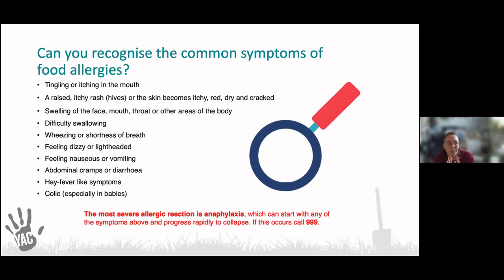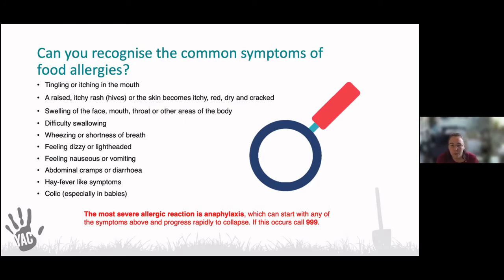So it could be tingling and or itching in or around the mouth, raised and itchy rash, or the skin becomes itchy, red, dry and cracked, swelling, difficulty swallowing, wheezing and shortness of breath, feeling dizzy or lightheaded, nauseous or vomiting, abdominal cramps or diarrhea, hay fever-like symptoms, and colic, especially in babies. But colic can happen to anybody at any age.